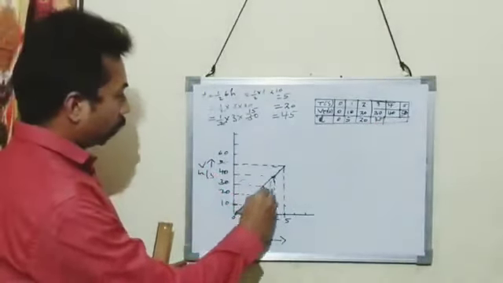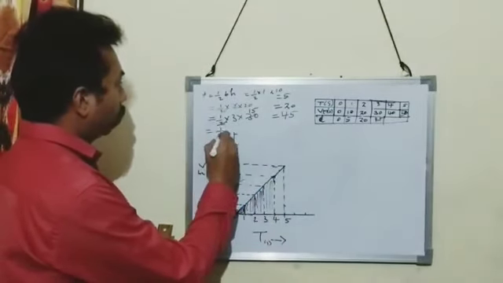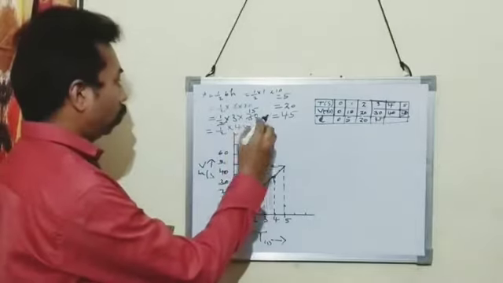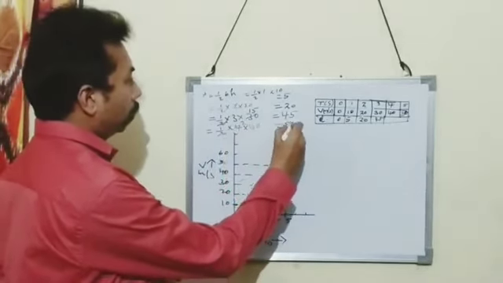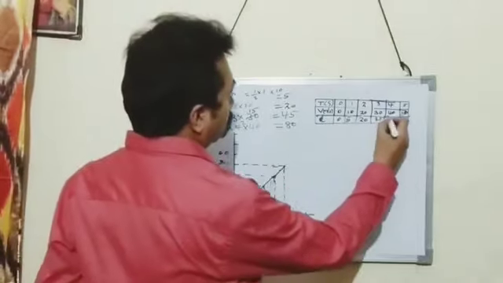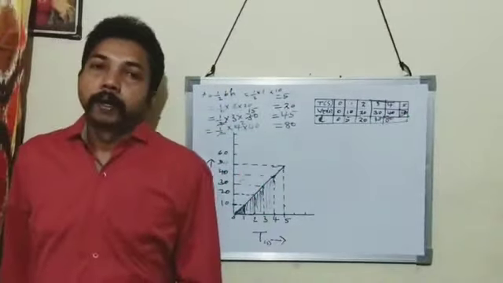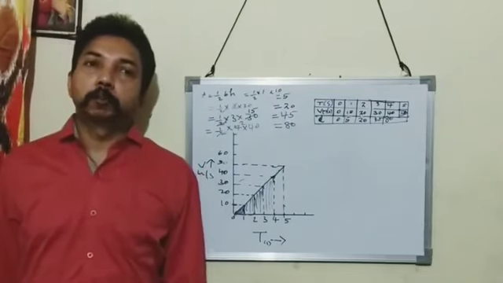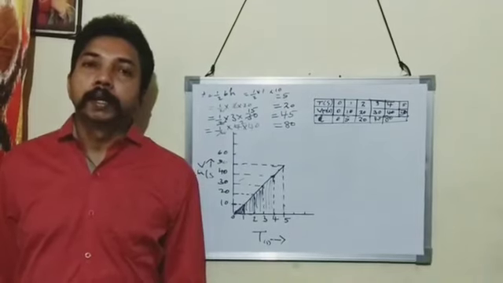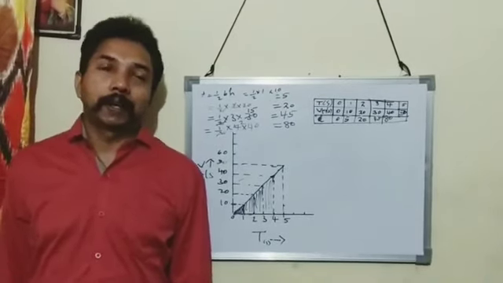We have to find the area of this triangle. So half 4 into 40, which is equal to 80 meter. So this way we find the displacement from velocity time graph. We find the displacement by finding the area between the graph and the x-axis.